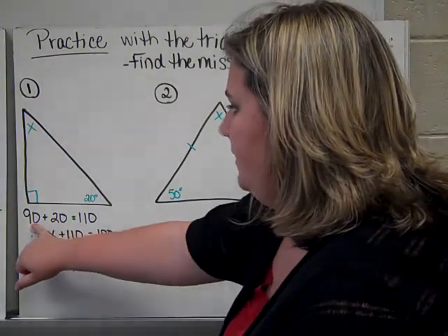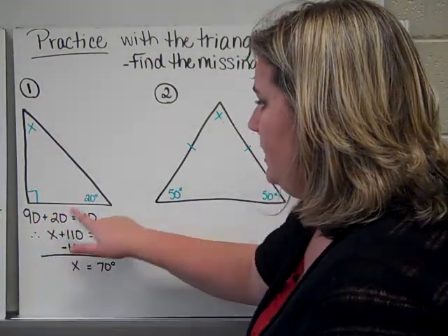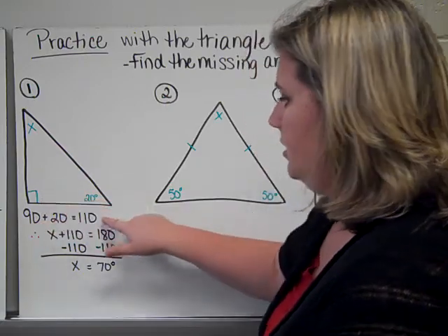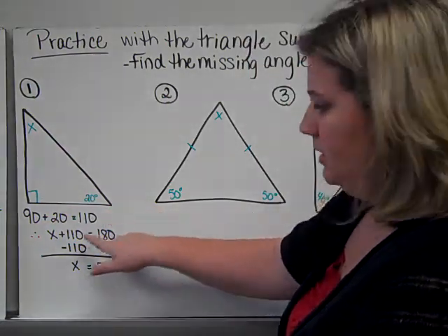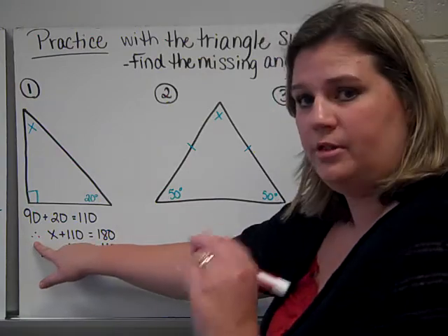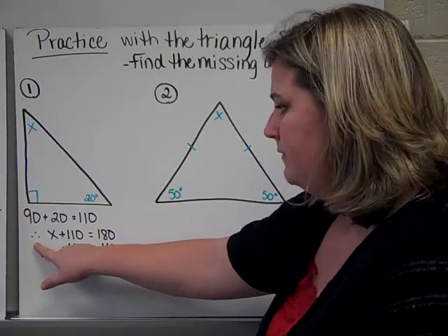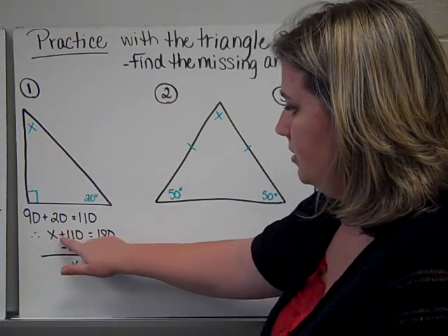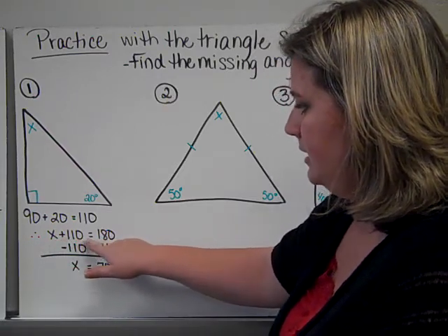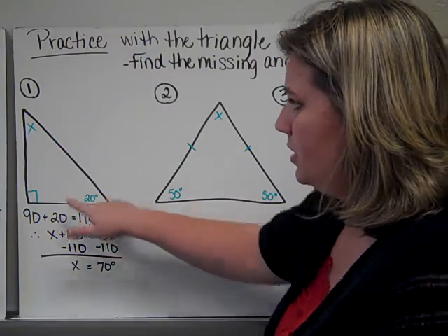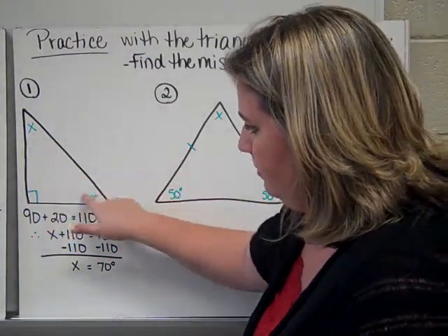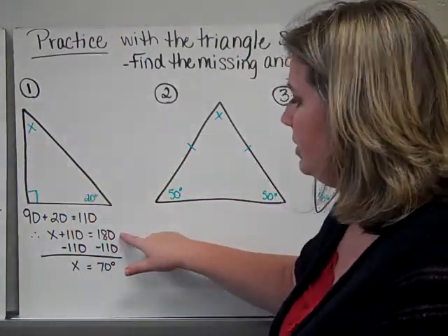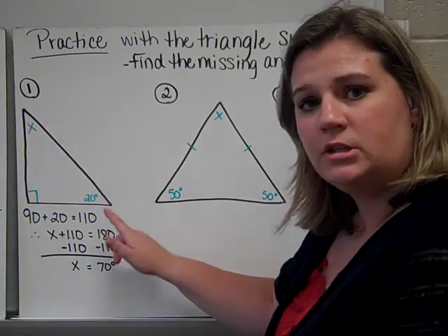So I know that 90 plus 20, so these two angles equal 110. Remember I told you what the little three dots in the form of a triangle stand for? It means therefore. X plus 110 equals 180. In other words, this angle plus those two angles I know are going to be 180 since we're dealing with a triangle.